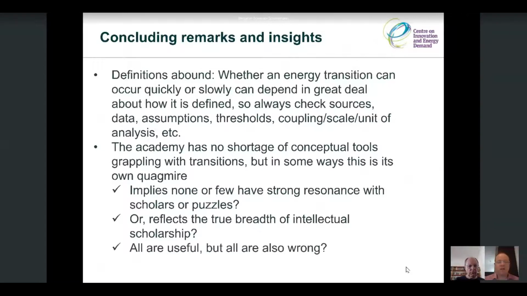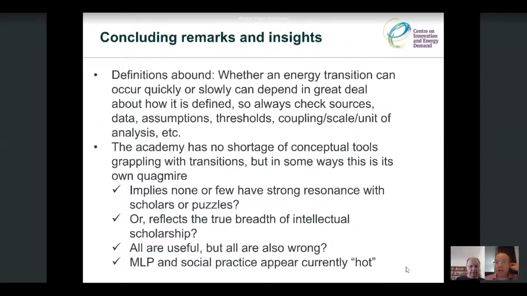My own take is that all of the 96 approaches are useful, but they're incomplete because each of them reveals something in its lens that's in focus, but it also means that something is out of focus. So it's kind of fit for purpose. Each one might be useful in a particular context for a particular research question.